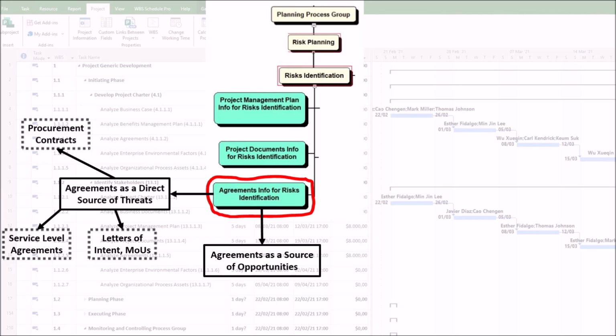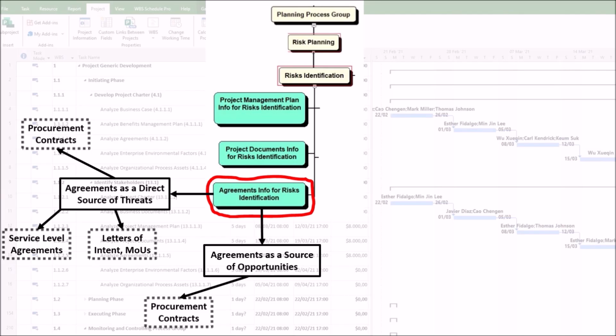2. Agreements as a source of opportunities. A well-structured agreement can also present opportunities that can be exploited for the project's benefit, as follows. First, procurement contracts. A significant opportunity is that a contract may include early delivery bonuses, presenting an opportunity to finish ahead of schedule and under budget.